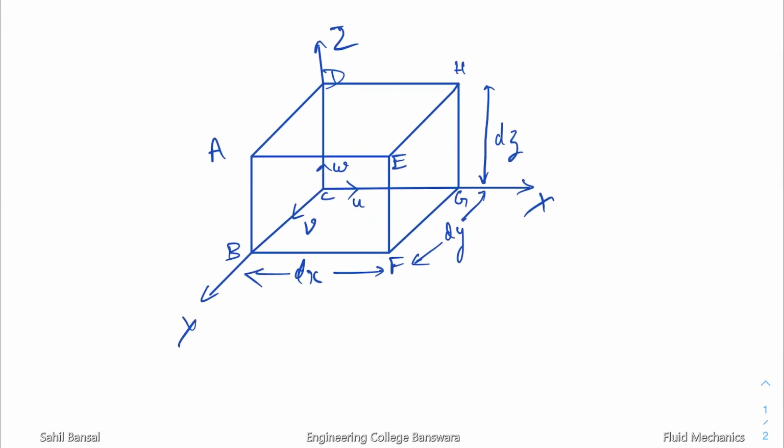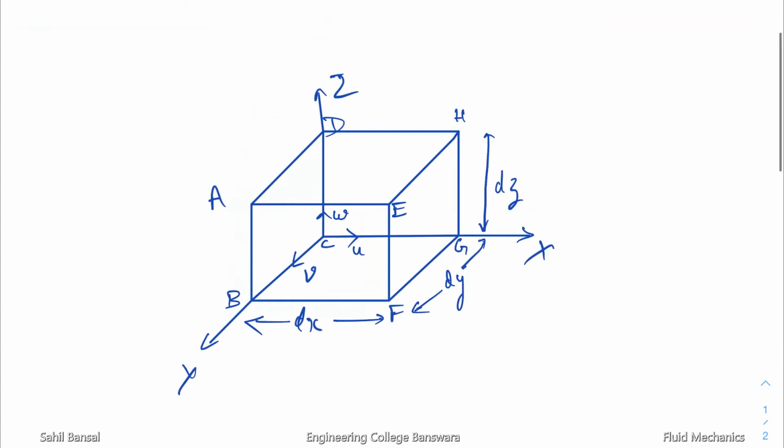I have a cubic fluid element ABCDEFGH, on which I have marked the x-axis, y-axis and z-axis, and I have also mentioned my elemental lengths dx, dy and dz, and the velocity of the fluid along all the 3 axis directions. Along the x-axis it's u, along the y-axis it's v, and along the z-axis it's w. Clear?